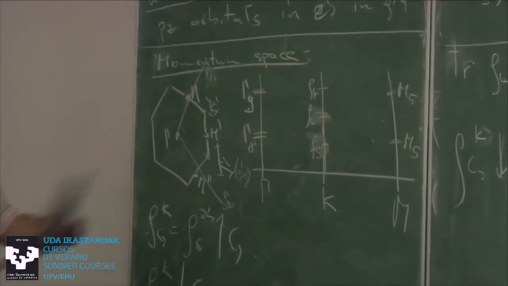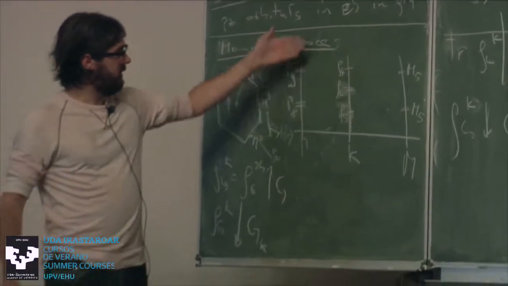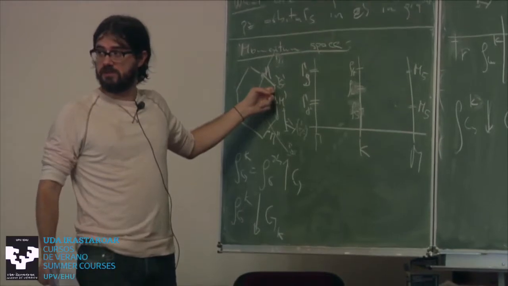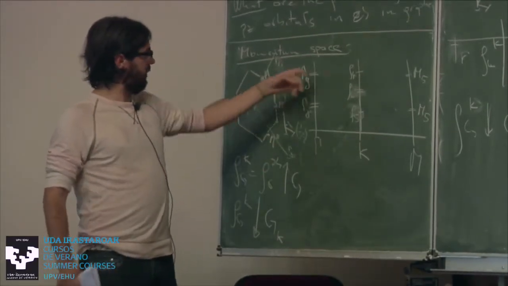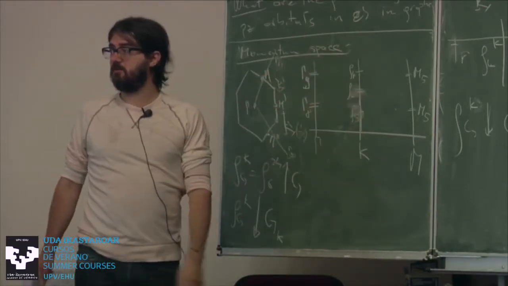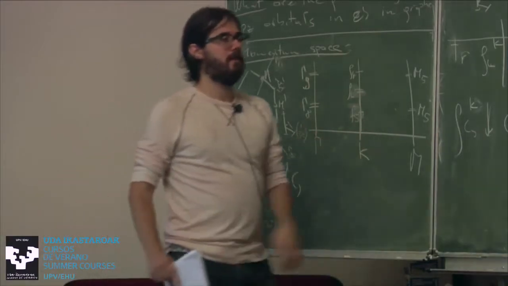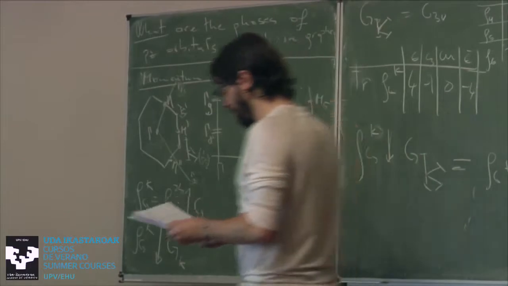This is what you'll see in an ab initio plot. Induced from pz orbitals on the 2b sites of graphene, when you go to the Brillouin zone, only these representations appear at high symmetry points. There are other representations that don't appear because they're not inducible from pz orbitals.